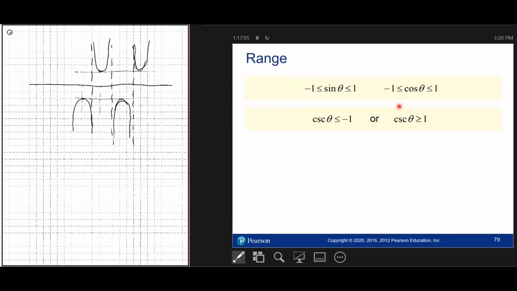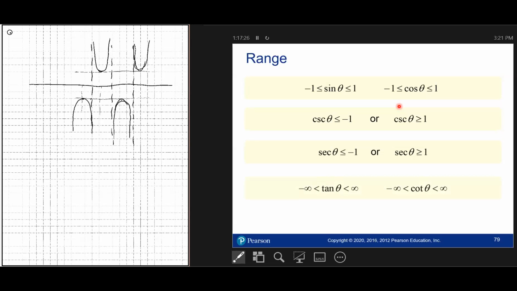So they're just shifted. That's what happens there. And so for secant, you have the same domain and the same range that you had for cosecant.